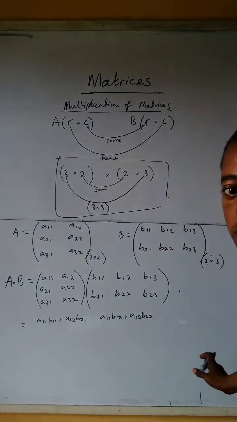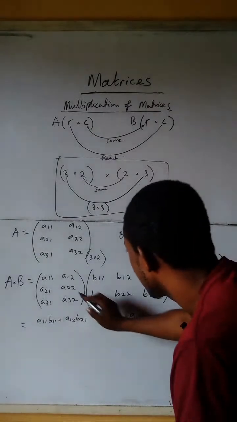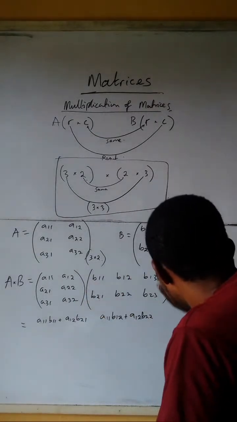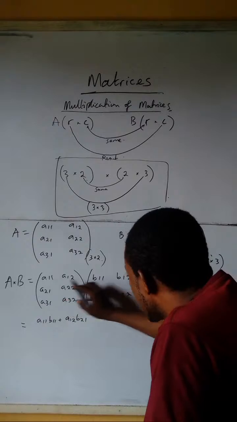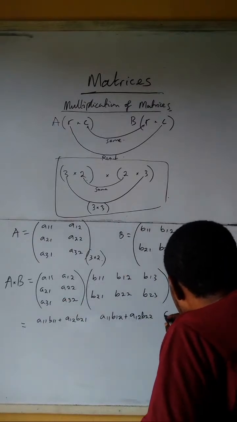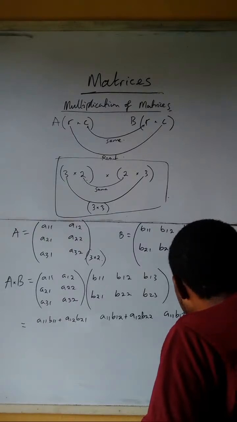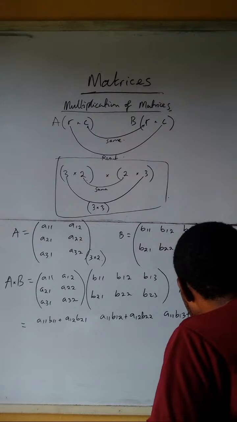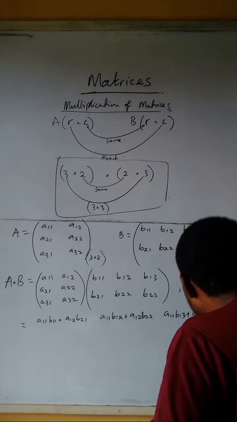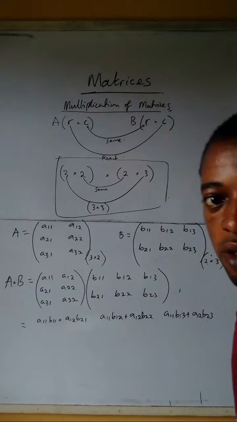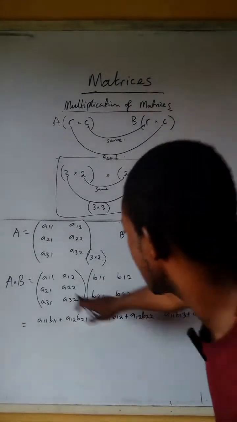Then we use this again to deal with this third column. That means A11 times B13, then plus A12 times B23. So here we are done with the first row.